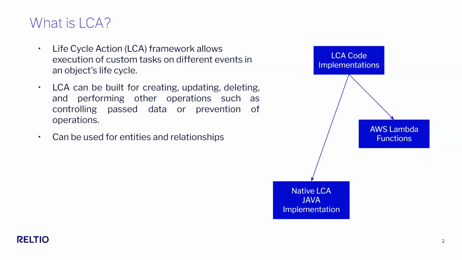With AWS Lambda functions, the benefit is that they run on separate Java environments, so there's no risk of performance impact to the other tenants. So we always prefer that any LCAs you implement, you do using Lambda functions.